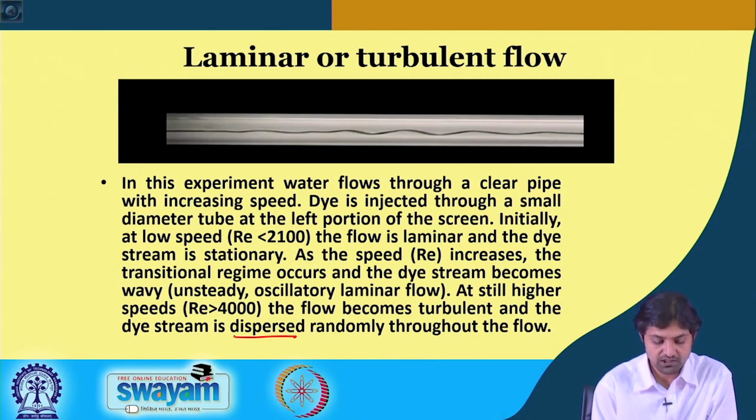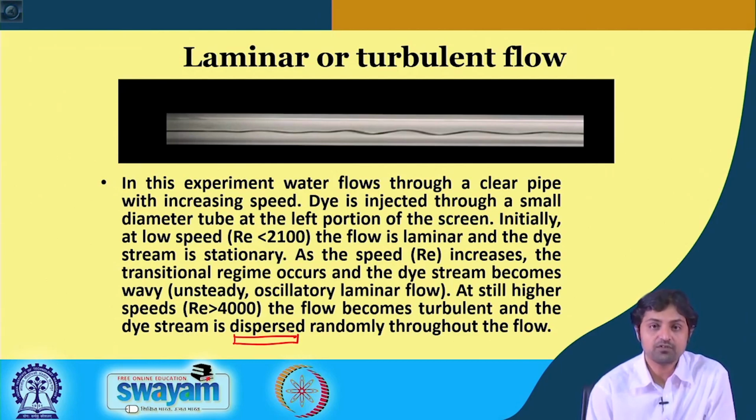So, in this particular video you will see that the dye stream is dispersed in all the directions, clearly indicating that what we had learnt in the laminar and turbulent fluid flow chapter in this particular course of hydraulic engineering was correct. We can verify that experimentally and by visual investigation.